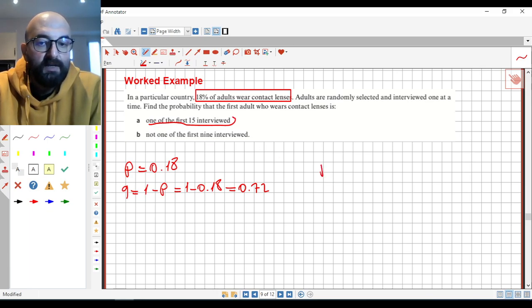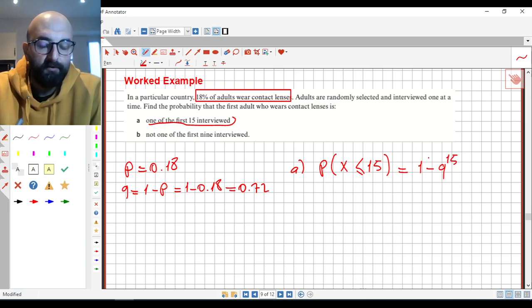One of the first 15 interviewed. So we can come across an adult who wears contact lenses maybe at the 15th interviewed, maybe the 14th, maybe the first. So we can say 1 minus the probability of failure to the power of 15.